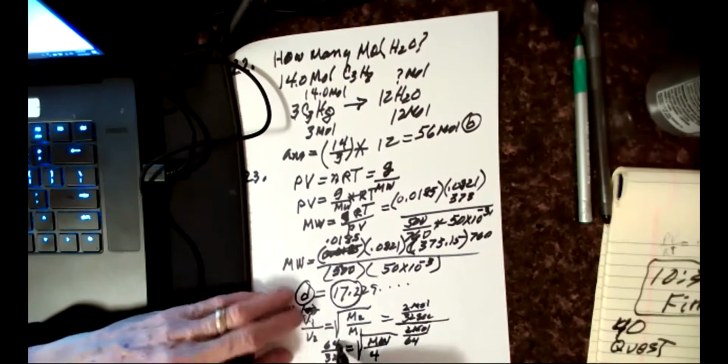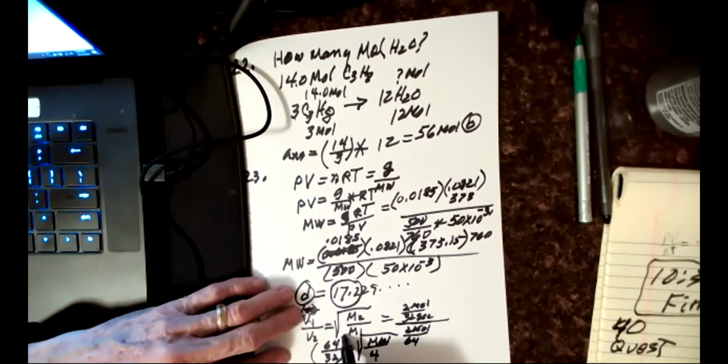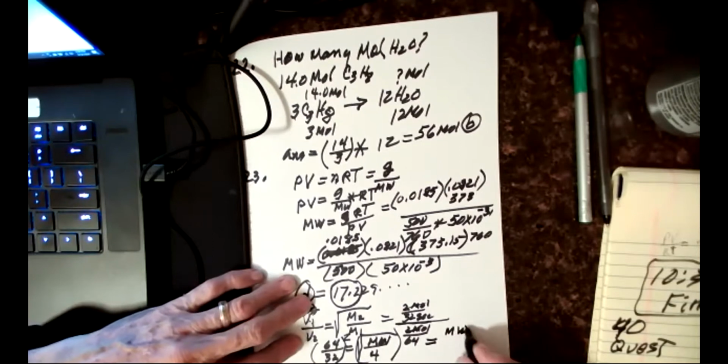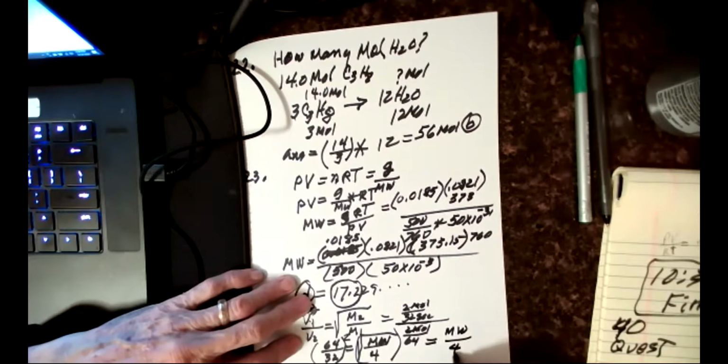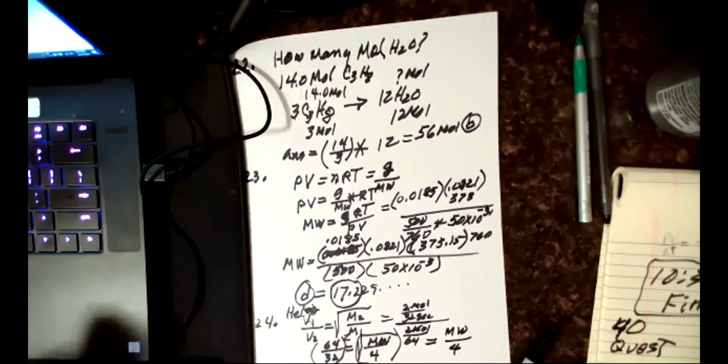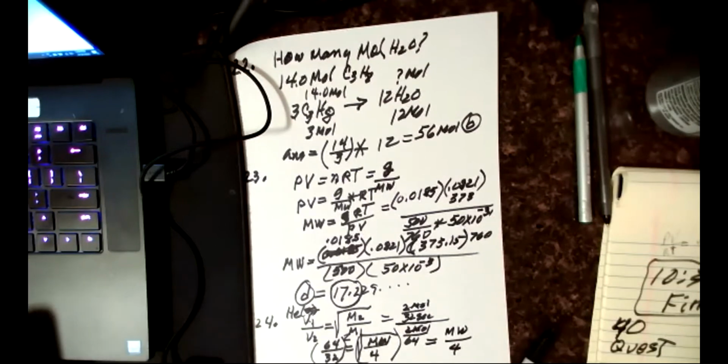So if I square both of these sides, then what I get on the right-hand side is molecular weight divided by 4. And this I'm going to do. So if I do 64 divided by 32, I get that number. And now I need to square it.